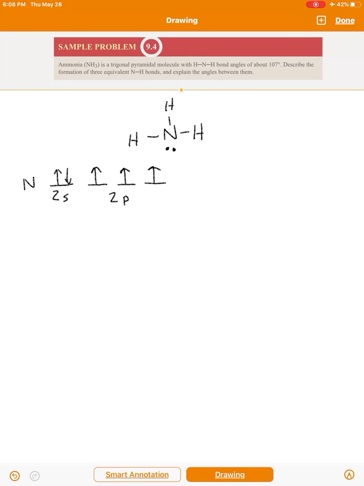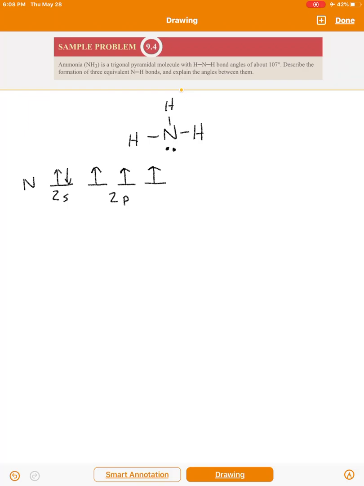Okay? Now, here's what we're going to argue. This is the theory that we use. In a sense, it's an ad hoc theory. What we do is we say, how do we explain the observations? The observations are, there are 3 equivalent bonds, meaning each nitrogen-hydrogen bond is the same length and the same bond enthalpy. They're identical.